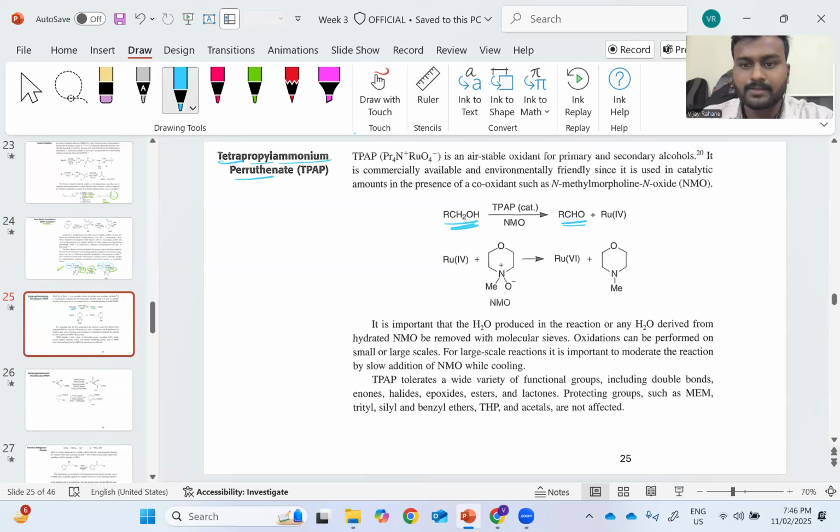It is important because it tolerates a wide variety of functional groups, including double bonds, enones, halides, as well as epoxides, esters, and lactones.